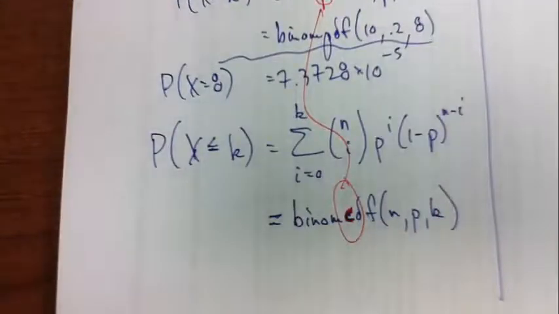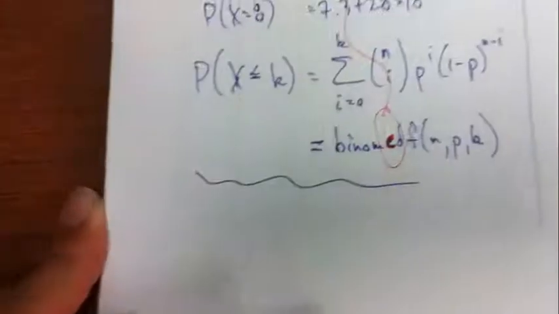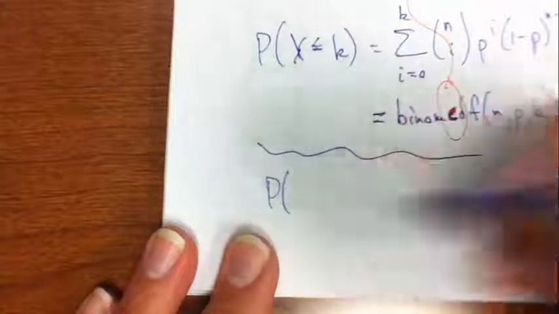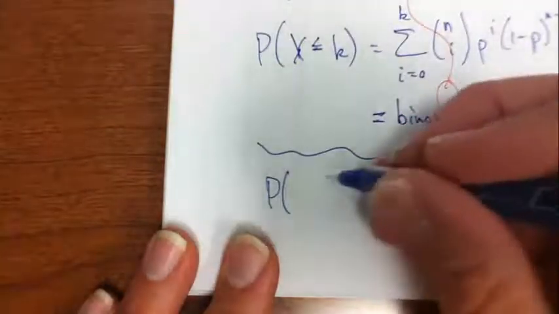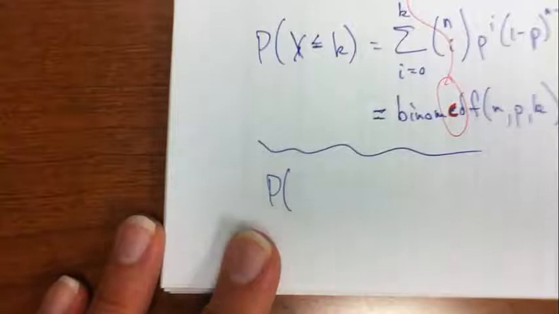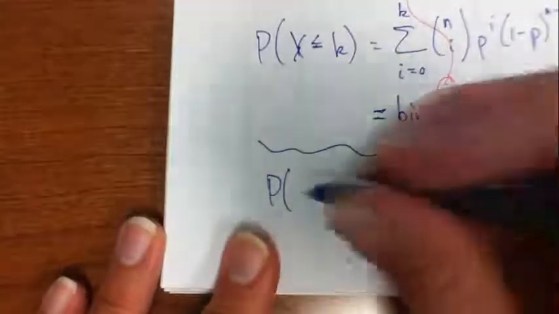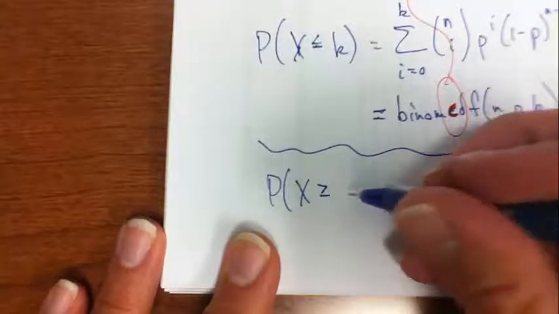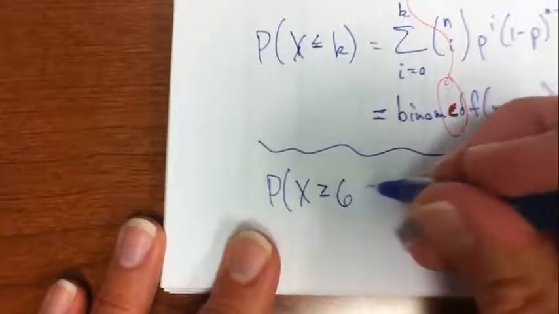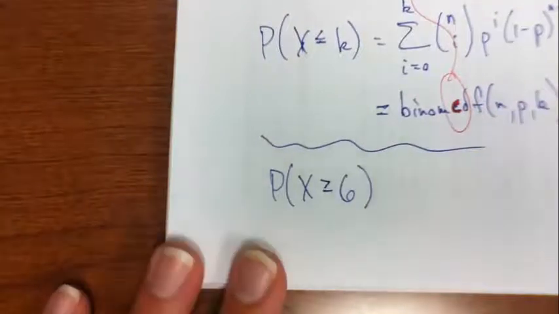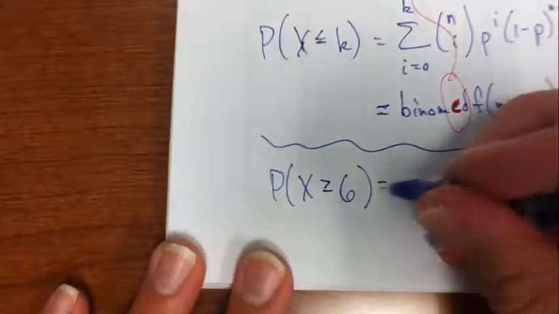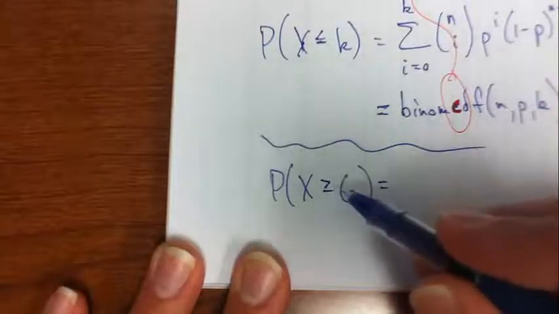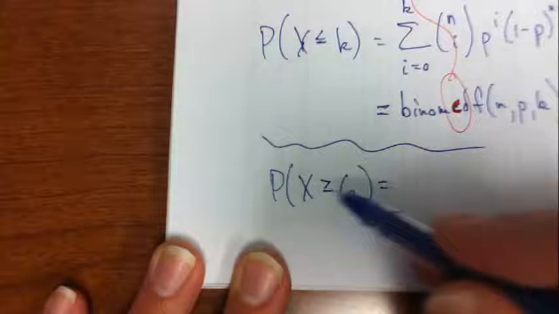Okay, so for example, for our quiz problem, what we really want to know is not the chance that we get exactly a certain number right, but what's the chance that you pass? You're going to pass this little quiz if you get at least 60%, right? 60% of 10 is 6. You want to know the chance that X is at least 6. Well, by the rule for complements, I'm going to turn this around because I know my calculator will get the chance that X is less than or equal to something.